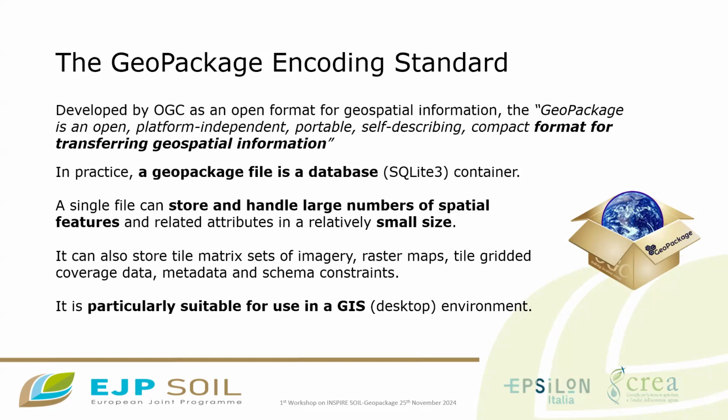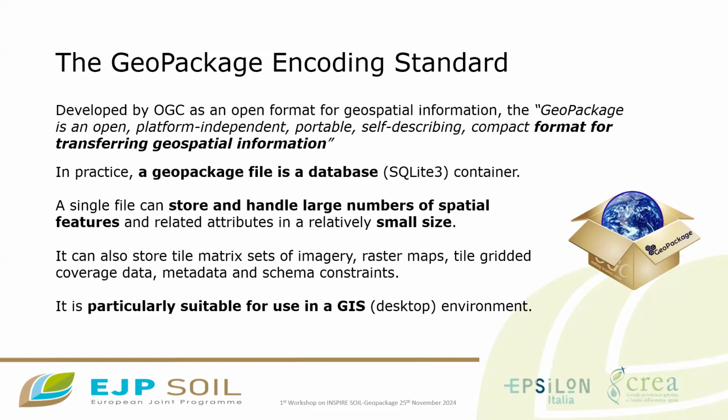A single file can store and handle a large number of spatial features and related attributes in a relatively small size, and can also store tile matrix sets of imagery, raster maps, tile gridded coverage data, metadata, and schema constraints.